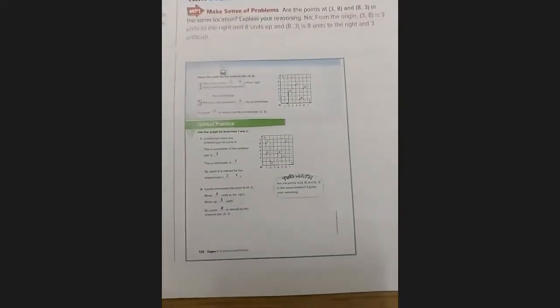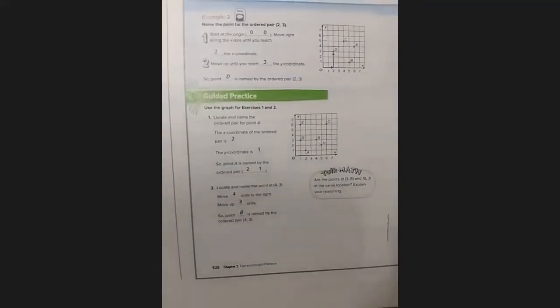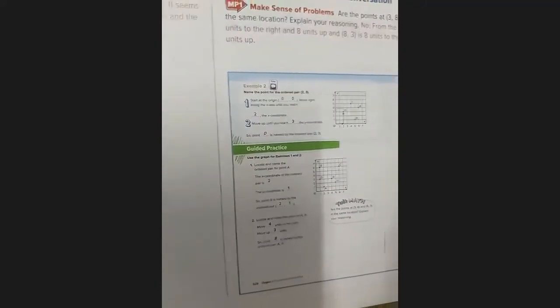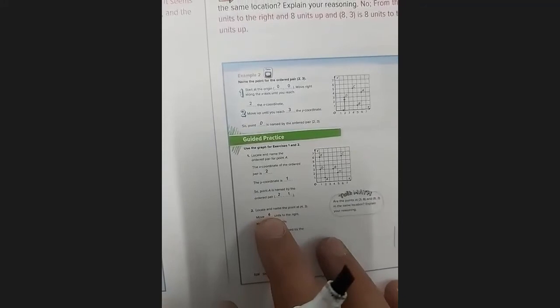Question 2 here. Who can help me? I want new students, guys. Kinan Isam. Yes, mister. Read question 2. Locate and name the point at 4, 3. What's the point at 4, 3? B. How much to the right will we go? 4.